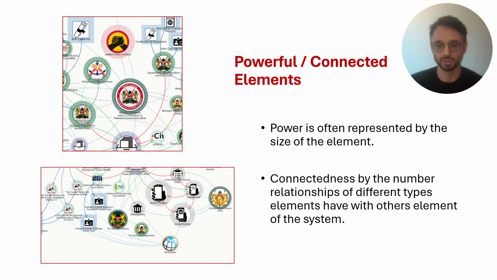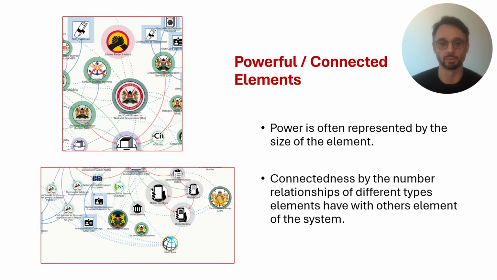The first type of relationship you might want to identify within your systems maps are those particularly powerful or connected elements. If you remember in a previous video, we argued that power within a complex system is always contingent and power is relative, with different elements having more or less power to affect change within that system.